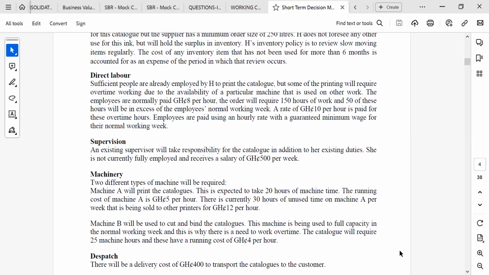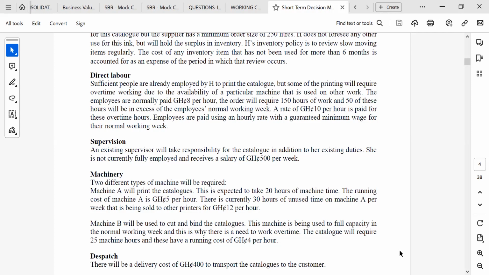There's no mention of any additional amount that she has to receive as a result of this project. So the assumption is that she's not fully employed, but she's receiving 500 per week. It means that the additional work she will be taking will be part of the 500 that she is taking.